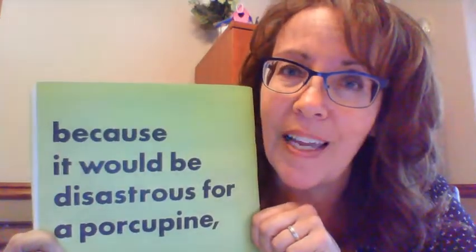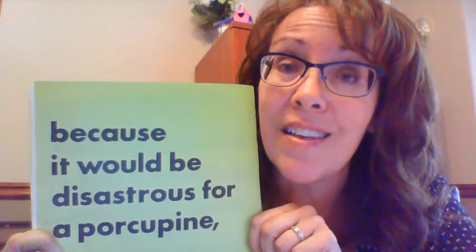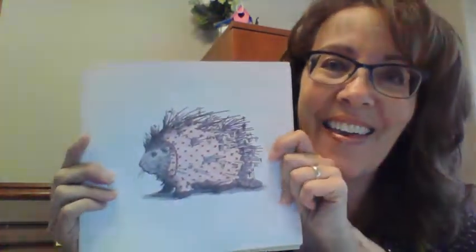So in my imagination or in my schema, I think, well, if it's a disaster, that means it's bad for the porcupine, then I'm thinking that the clothes are not working, that the quills are pushing through the clothes and making holes and maybe ripping them apart. I wonder if that's what the author wants me to think. Let's check the picture to see if I'm right. I think I am.